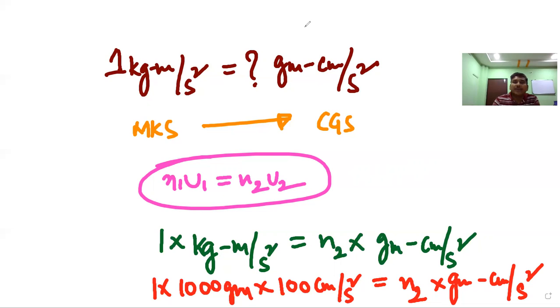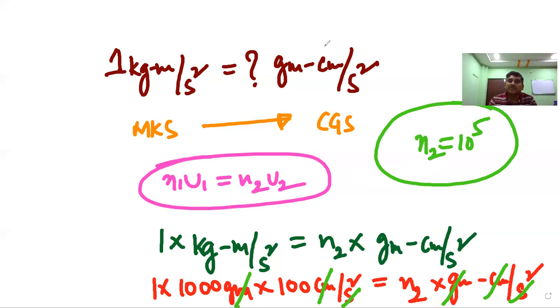Okay, clear? Now, on either side, gram, centimeter, and the denominator second square cancel. Now it is how much? 1000 into 100, 10 to the power of 5. N2 is how much? 10 to the power of 5.